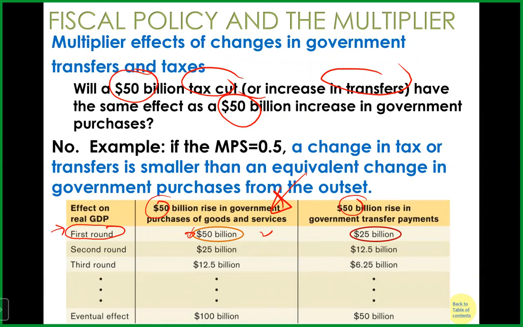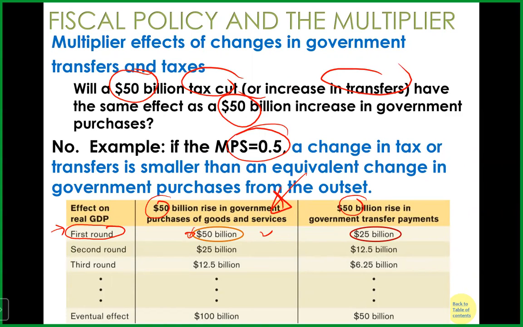Are they going to spend everything? No. How much are they going to spend? 25. Where does that come from? They save 50% and spend 50% of the additional income they have, so now they spend 25.